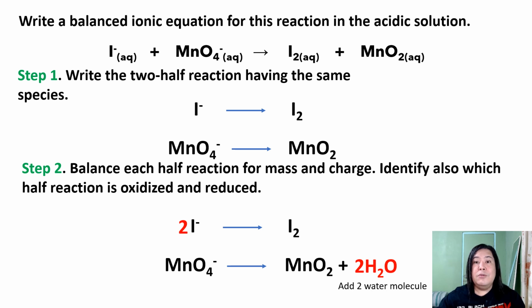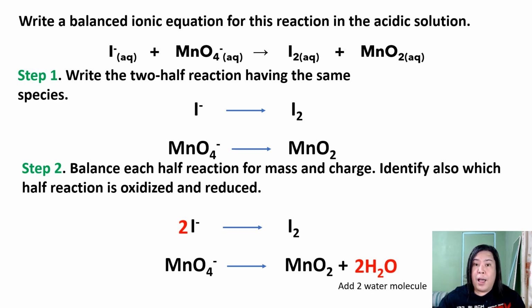Depending on how many oxygen atoms are lacking, if the oxygen deficiency is 5, you have to add 5 molecules of water. Here, since 4 is on the reactant side, we are short by only 2 oxygen atoms, so we only add two water molecules. But the problem here is that when you added 2 molecules of water, you introduced hydrogen atoms. How many hydrogen atoms were added? 2 times 2, that is 4.